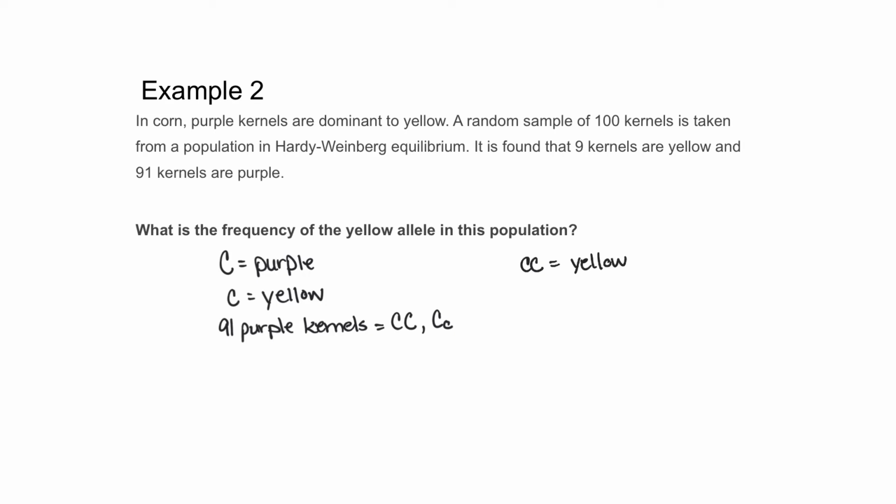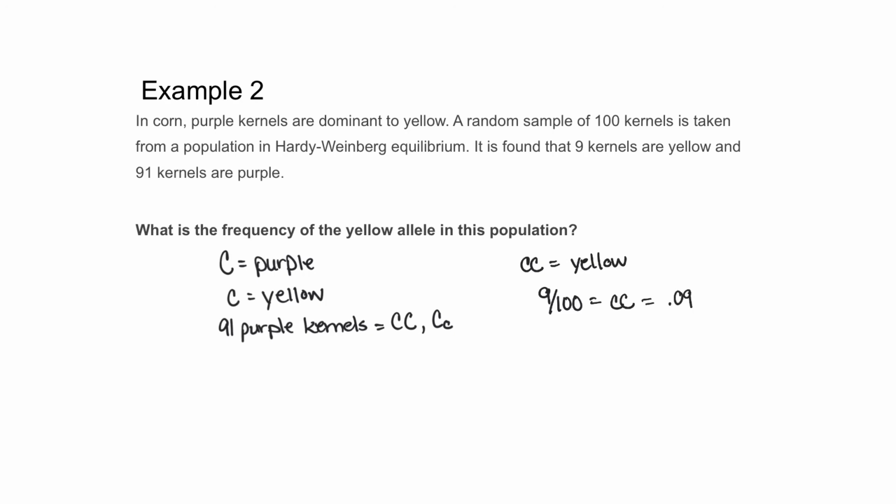And so we know that 9 out of 100 are going to be homozygous recessive, or little c, little c. And if we put that into decimal form, that's 0.09.